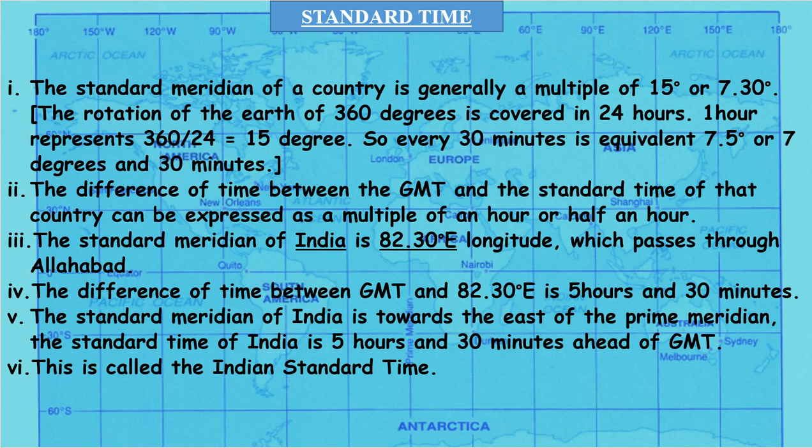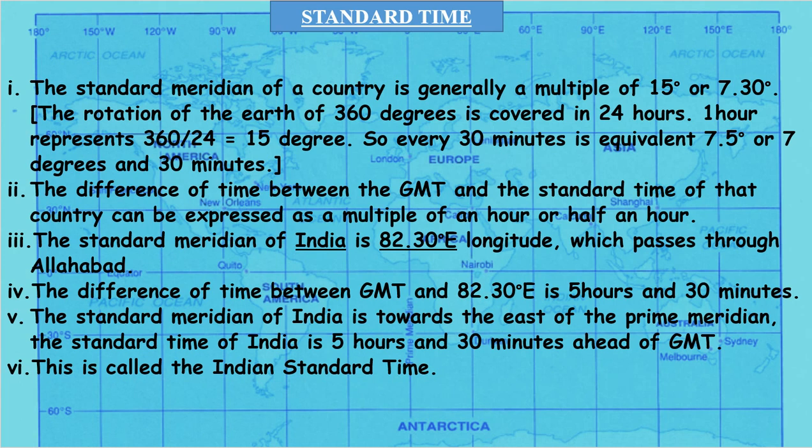Do learn this sentence because this is the most important sentence. The standard meridian of India is 82.5 degree east longitude, which passes through Allahabad, and the difference of time between the Greenwich Mean Time and the Standard Meridian of India is 5 hours 30 minutes.